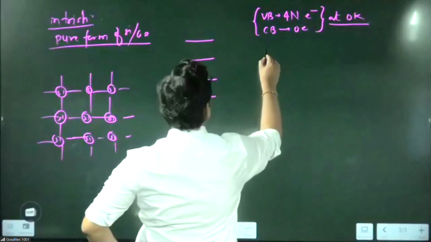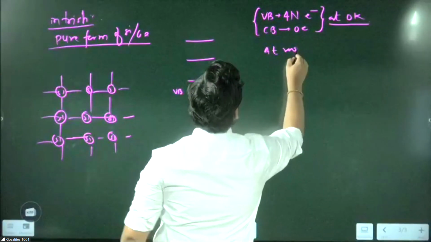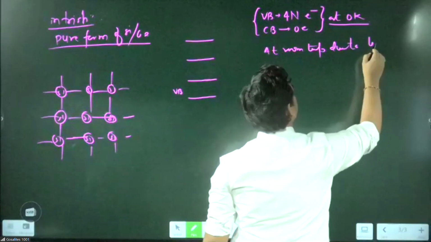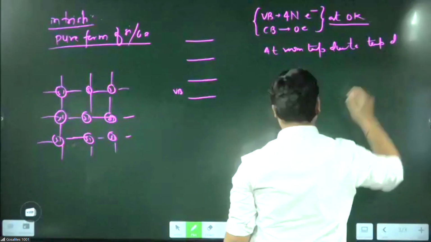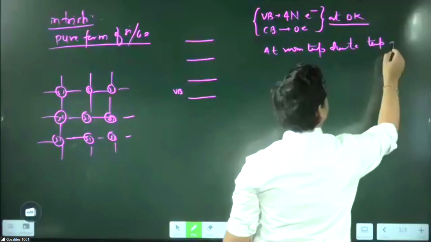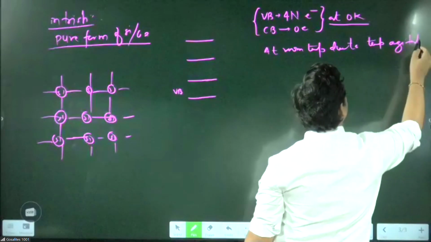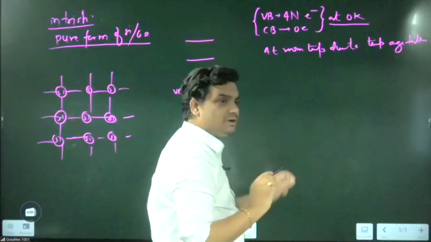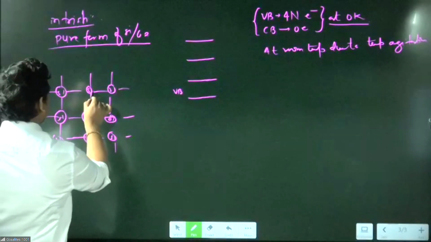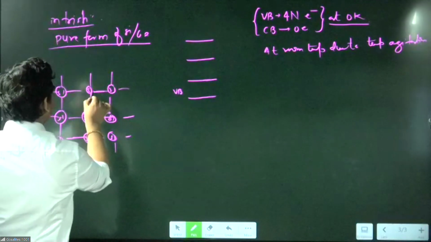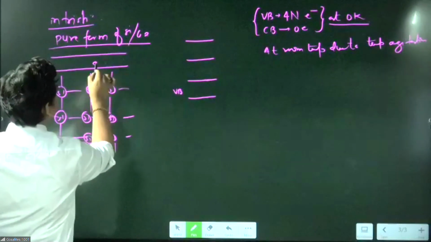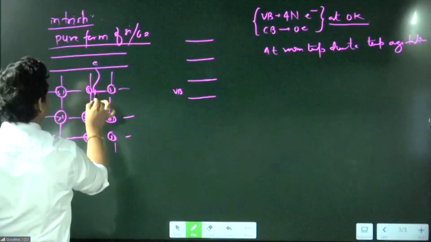But what happens at room temperature? Due to temperature agitation, which means temperature vibrations, some bonds will be broken. Suppose this bond is broken, then an electron will be free, and a hole is created here.